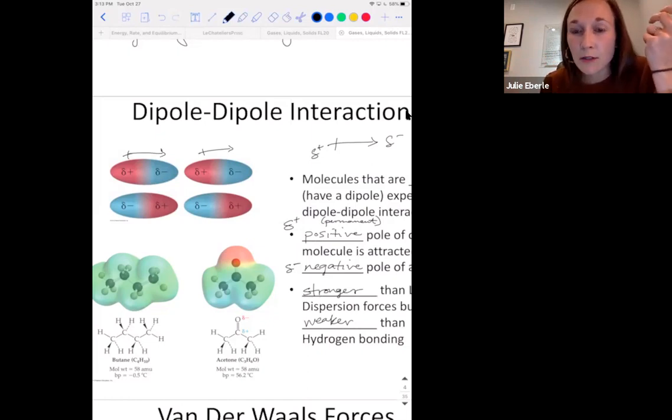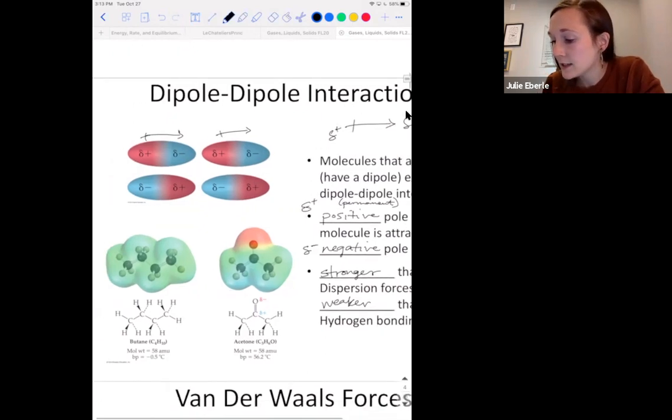But in the lab we're working with milliliters, liters, or grams of stuff, which is millions of molecules. If you imagine millions and millions of these little ovals lined up next to each other, the dipole interactions add up, and it affects properties on a large scale.